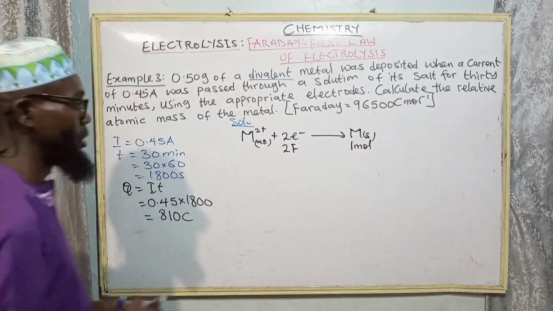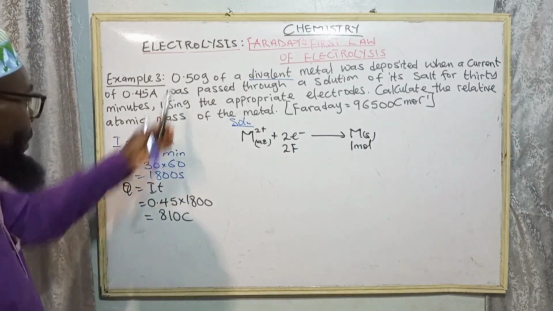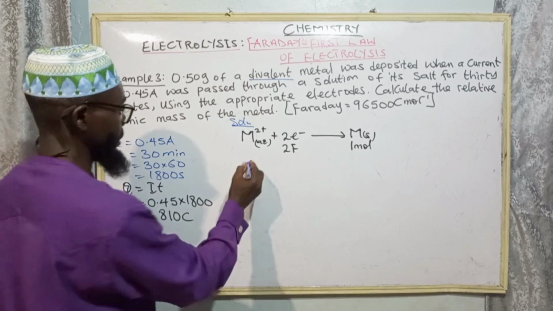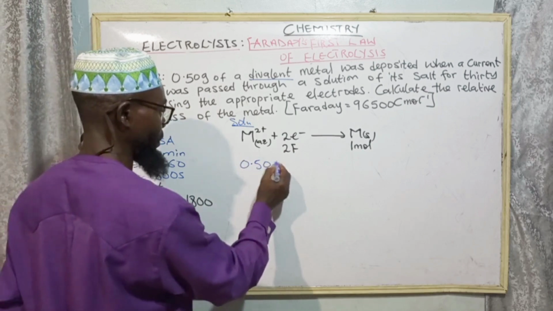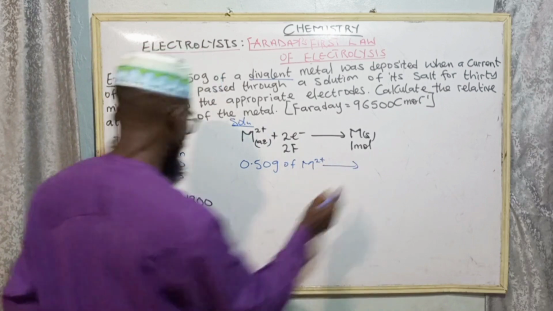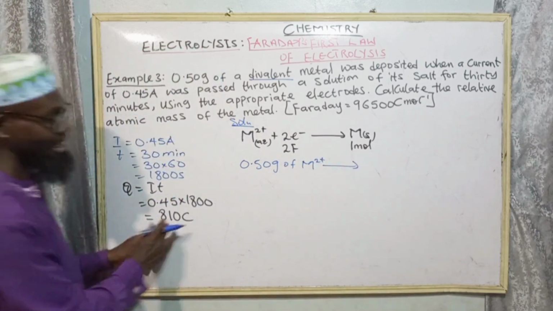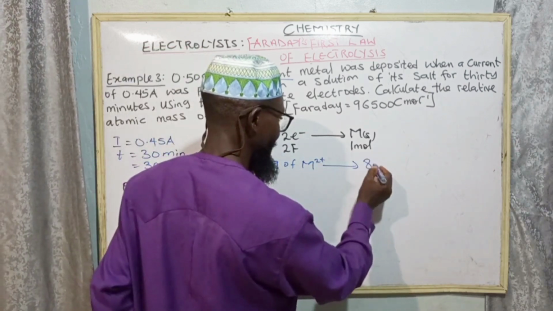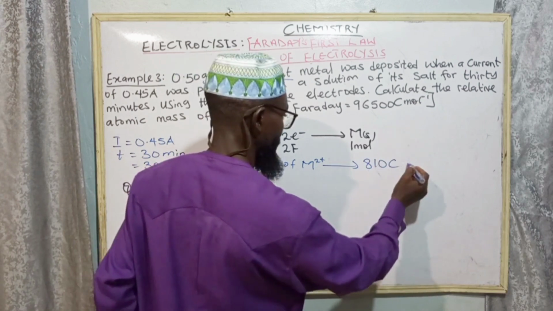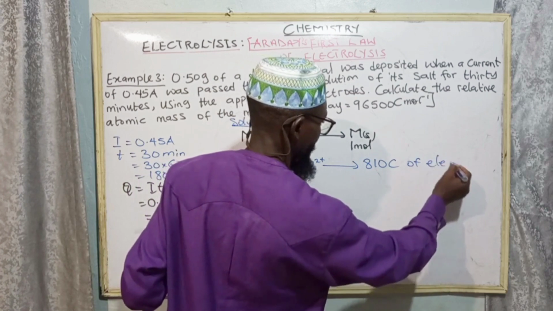So from here, we can interpret this as 0.50 grams of this divalent metal is produced by this quantity of electricity, which is 810 coulomb of electricity.